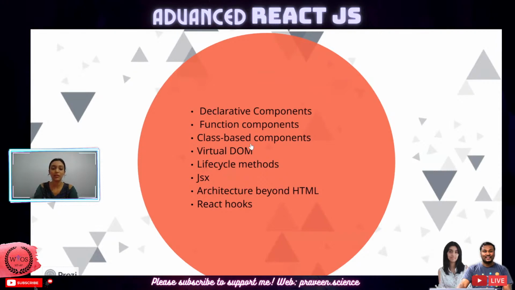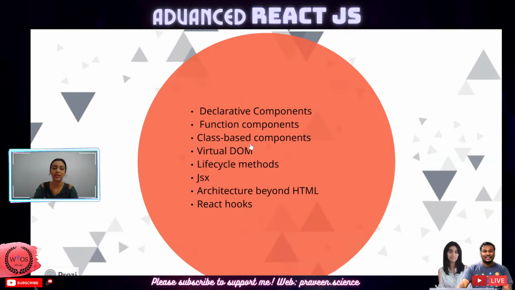Here are some of the notable features: declarative components, function components, class-based components, virtual DOM, lifecycle methods, JSX, architecture beyond HTML, and React hooks. React adheres to the declarative programming paradigm.